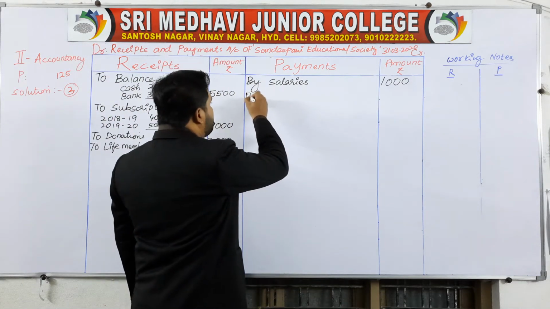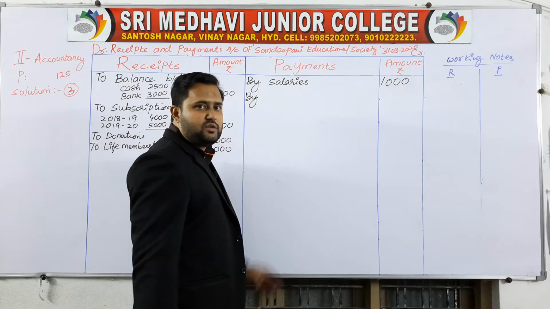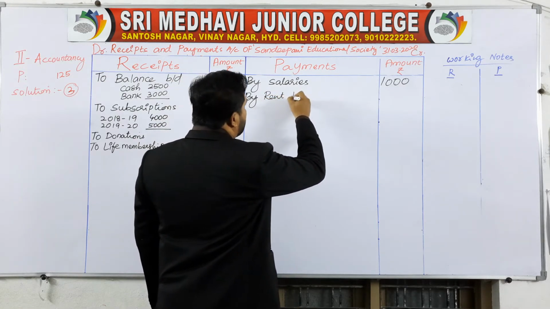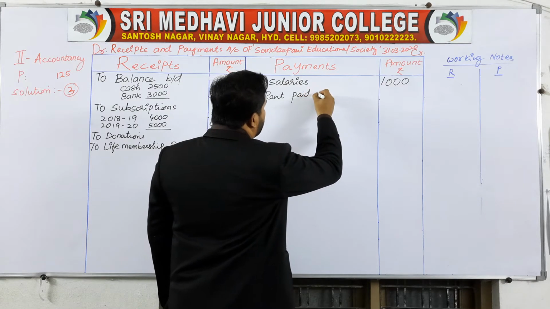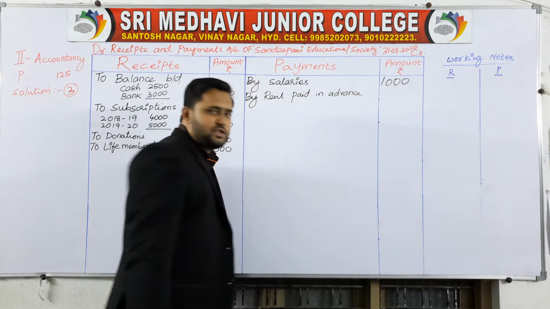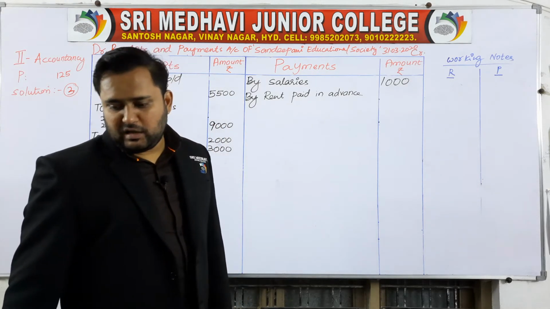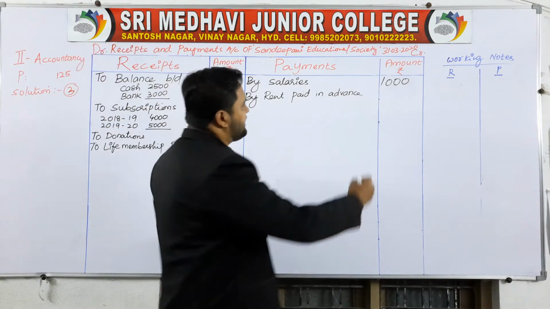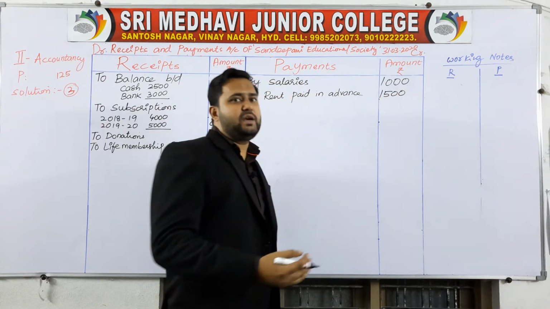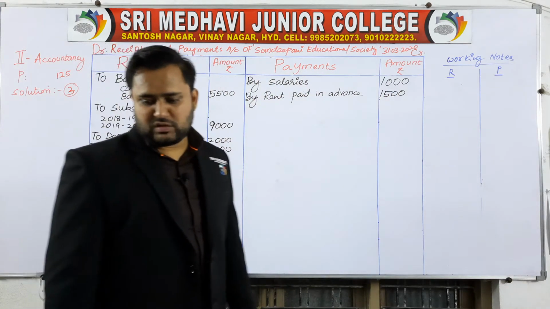Paying rent in advance comes under the payment side: by rent paid in advance. How much did you pay as advance rent? 1500, paid by Sandeepni Educational Society.